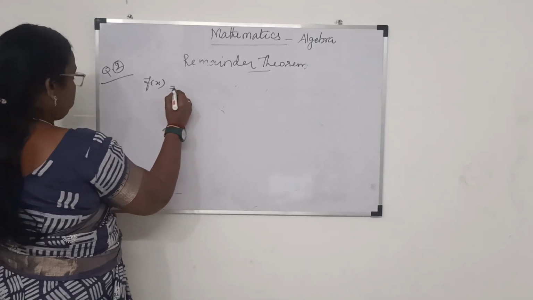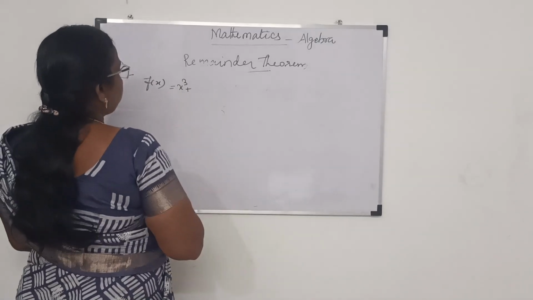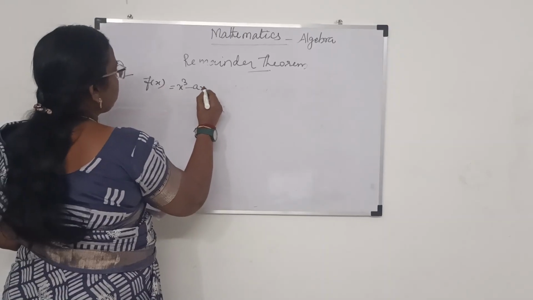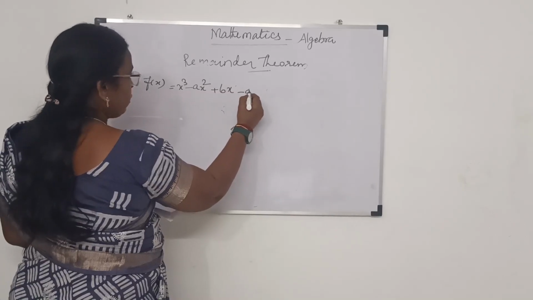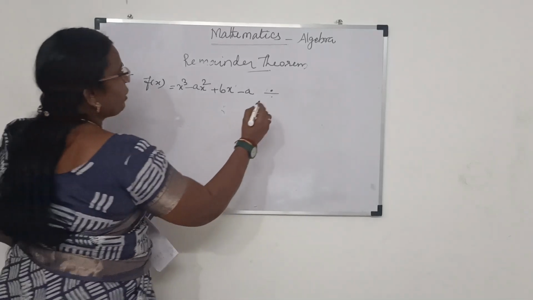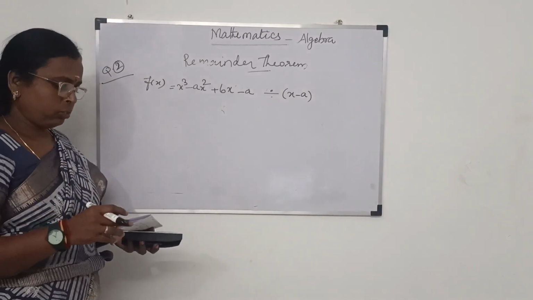So f of x is equal to x cube minus ax square plus 6x minus a, and this f of x is divided by x minus a. Find the remainder. This is our question.